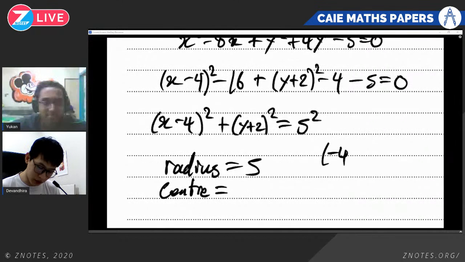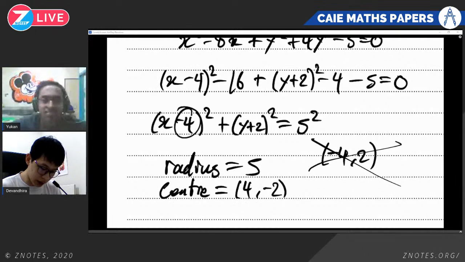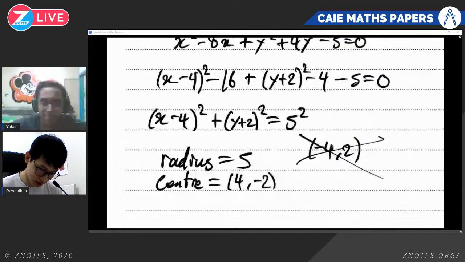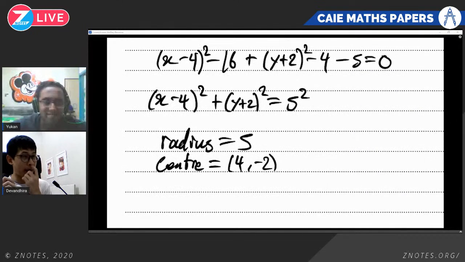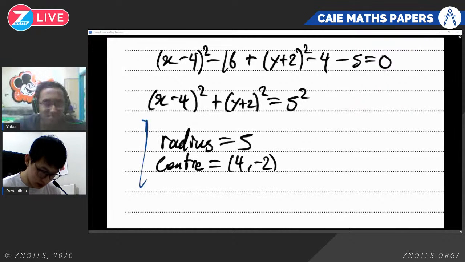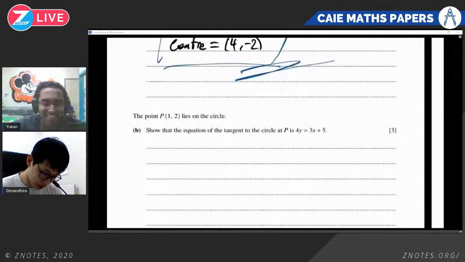Some people will write negative 4 and 2, and that is completely wrong. The correct one would be 4 and negative 2. You have to take the negative of these constants. Agree? All right, and that's it. This is our final answer? Yep. You just box the answer. Right, next one.